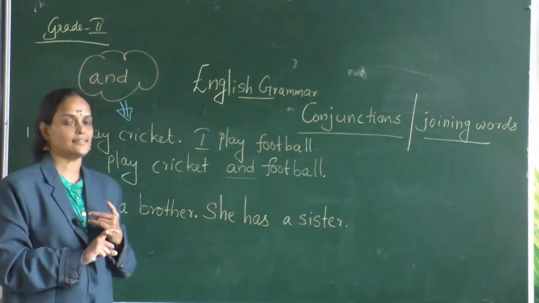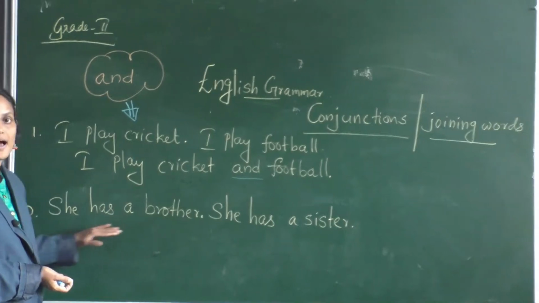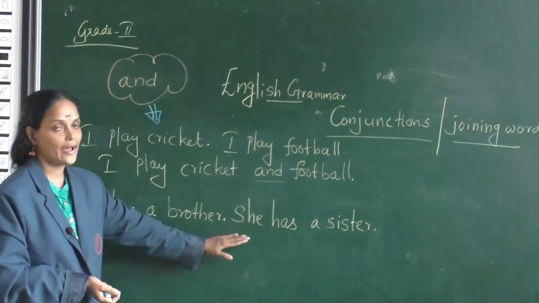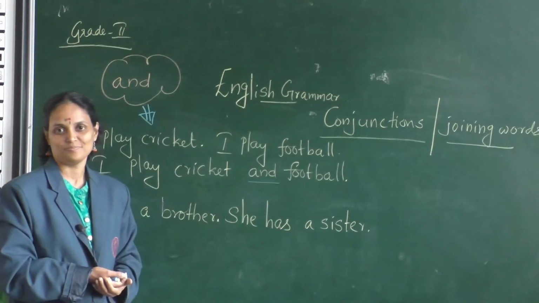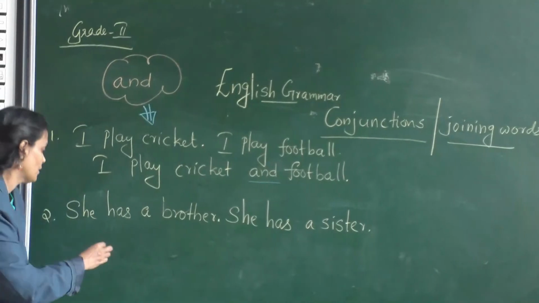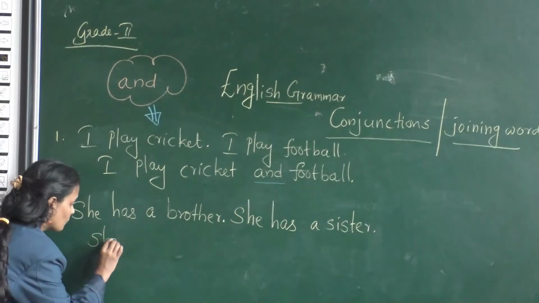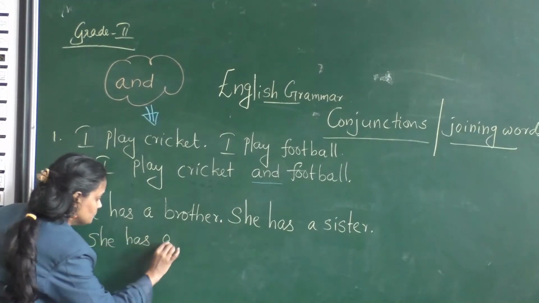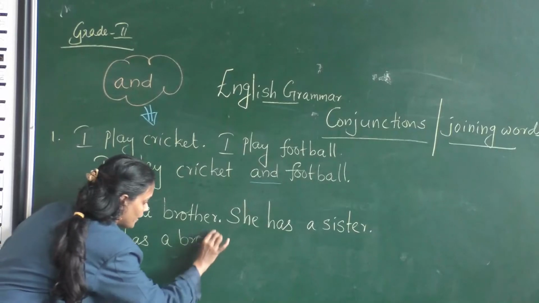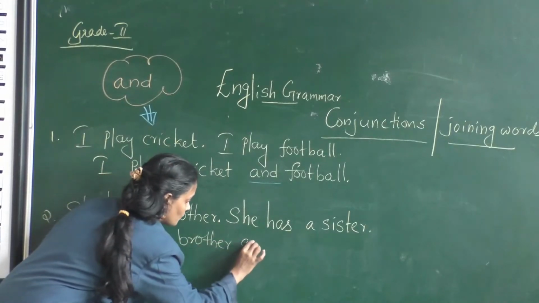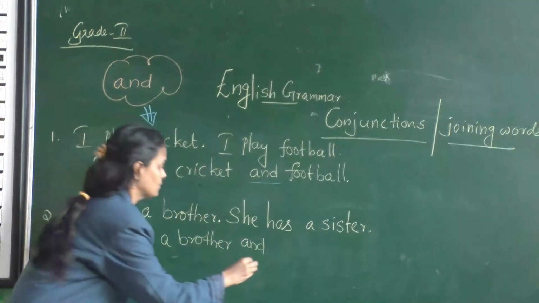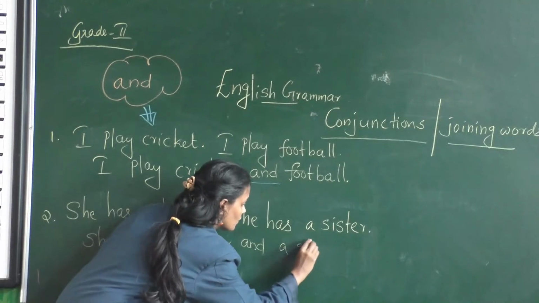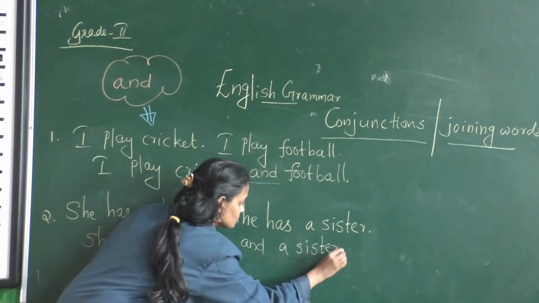Correct? Second sentence is, she has a brother, she has a sister. How do we frame it? She has a brother and a sister.